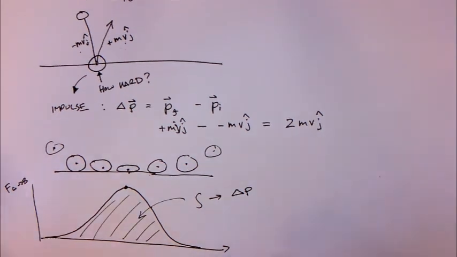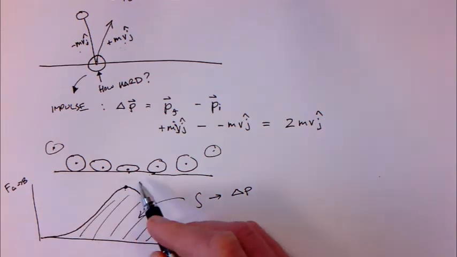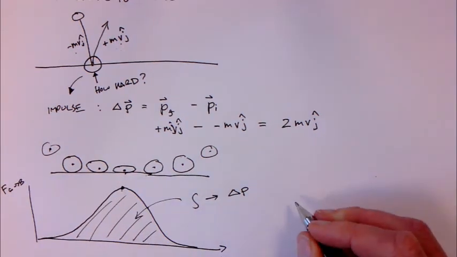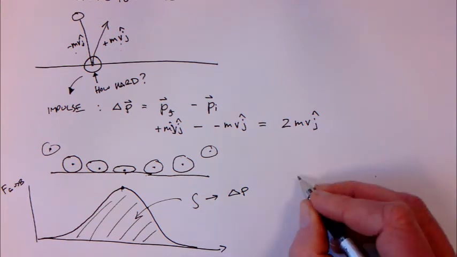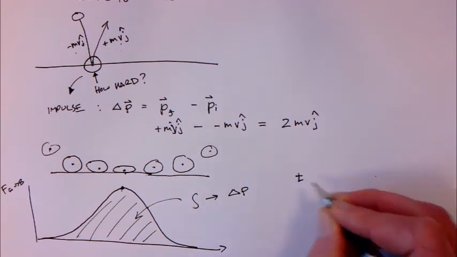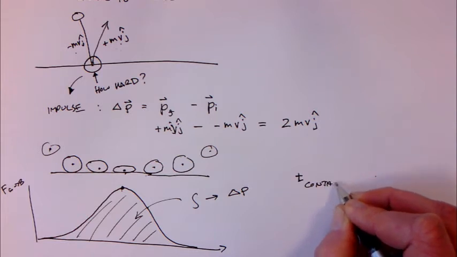On the other hand, we can start to think about how big this is if we just make some simple approximations. So one approximation we might make is to ask, how long is the ball in contact with the ground?